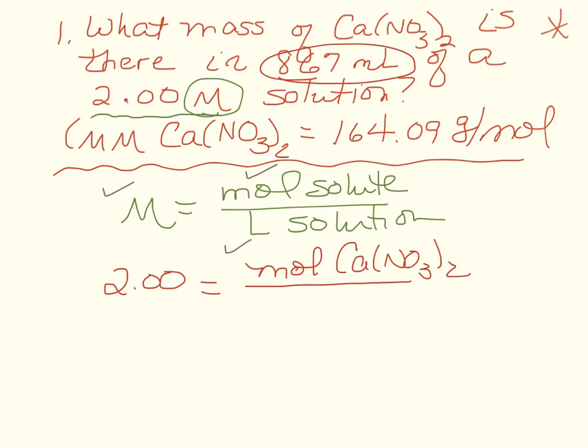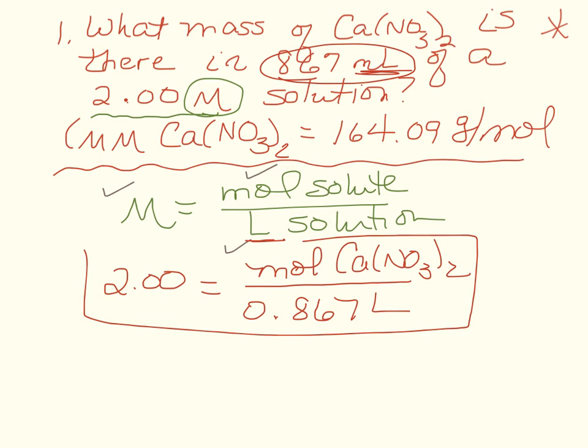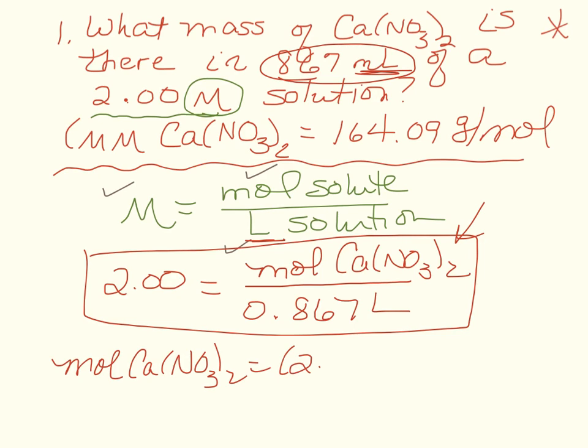Okay, 867 milliliters. It's got to be in liters, so you need to convert that to liters by dividing by 1,000. Okay, so now you want to solve for moles of calcium nitrate. So moles of calcium nitrate equals 2.